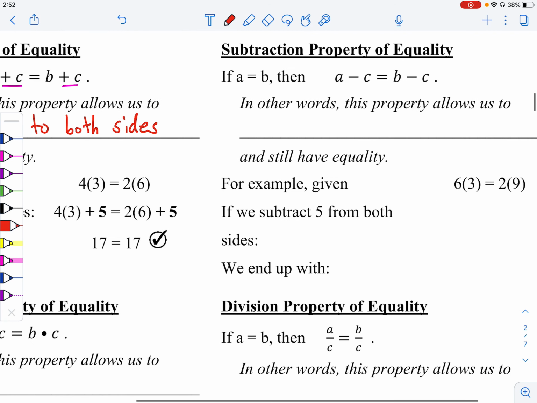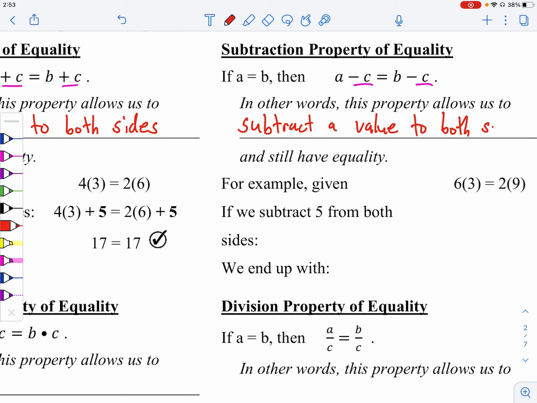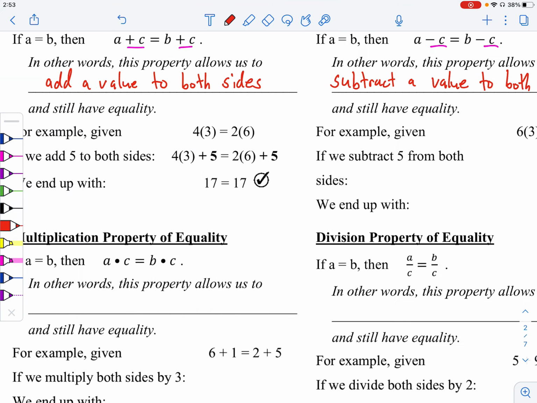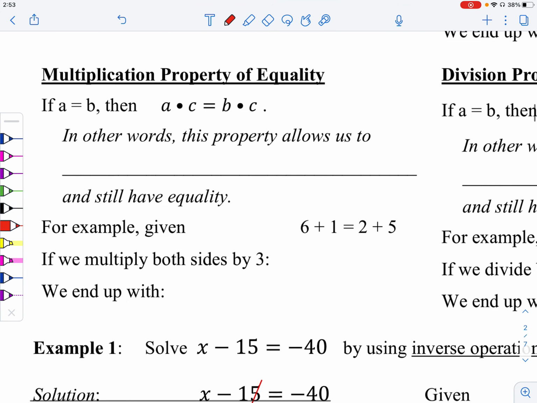Same with subtraction. If we subtract a number from both sides, it will still be equal, as long as we do it to both sides. Always to both sides.